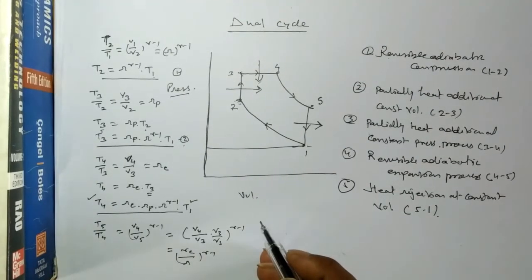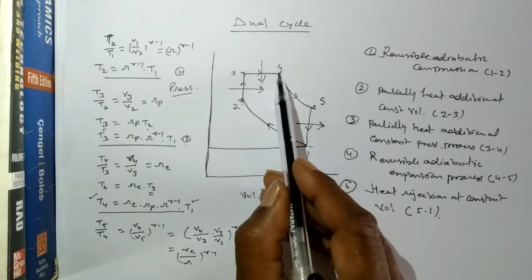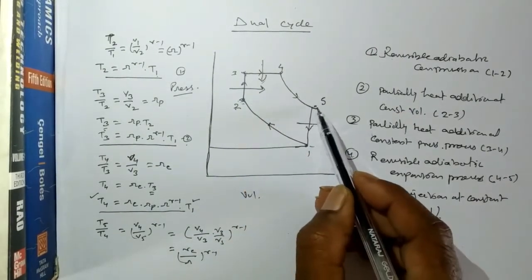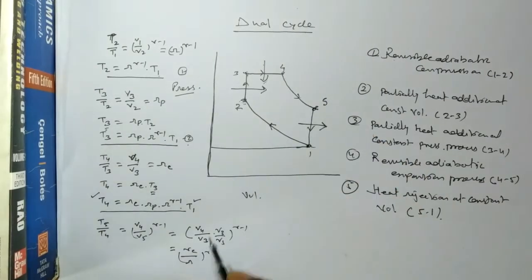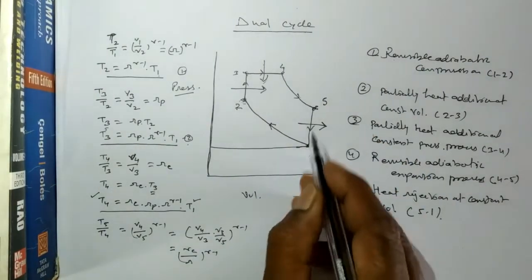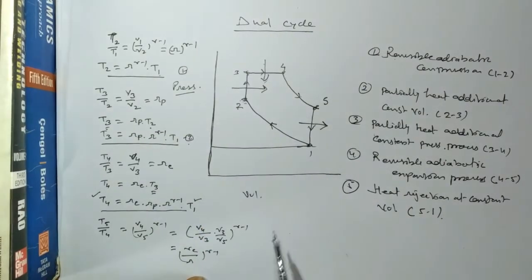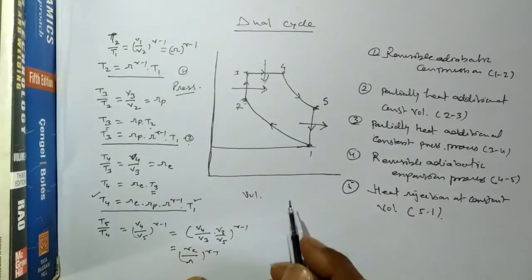As we know, V5 is equal to V1, and V2 is equal to V3.